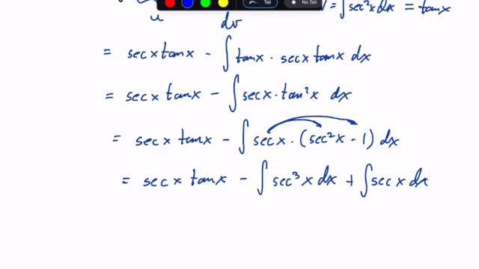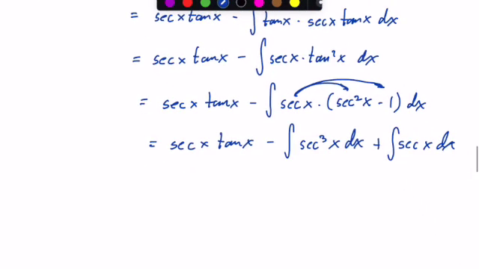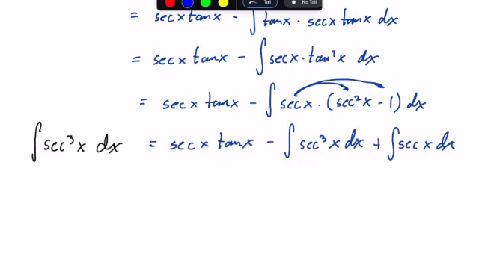Now, this is interesting because remember, what's on the left side over here of this equal sign? It's kind of gotten off the page, but remember, we started with the integral of secant cubed of x. So this has been over here the entire time. And notice what's in our integral on the right-hand side, the same integral.